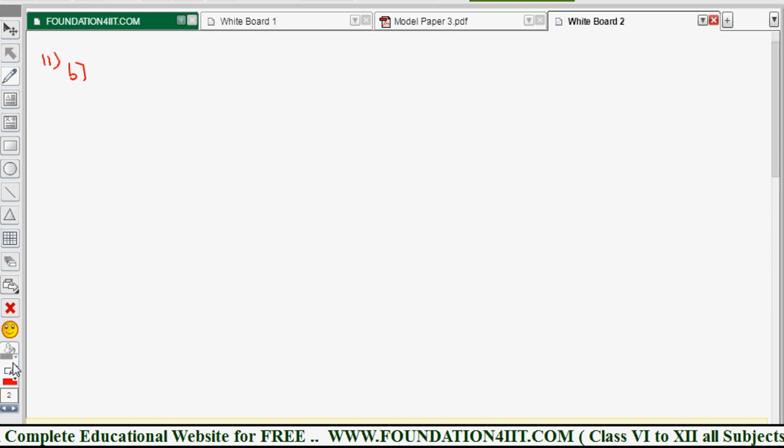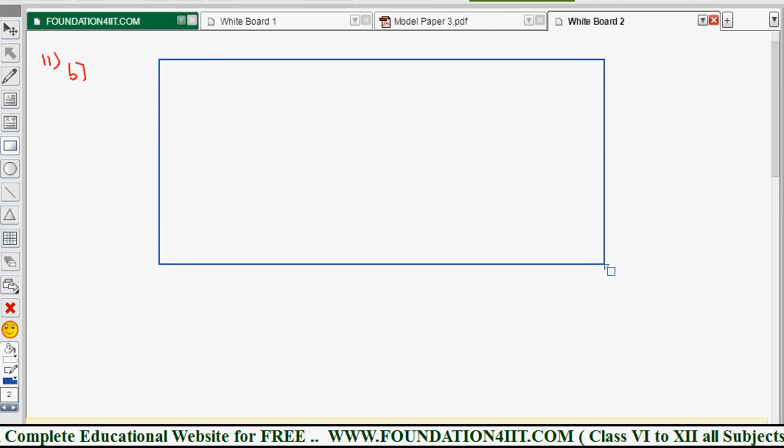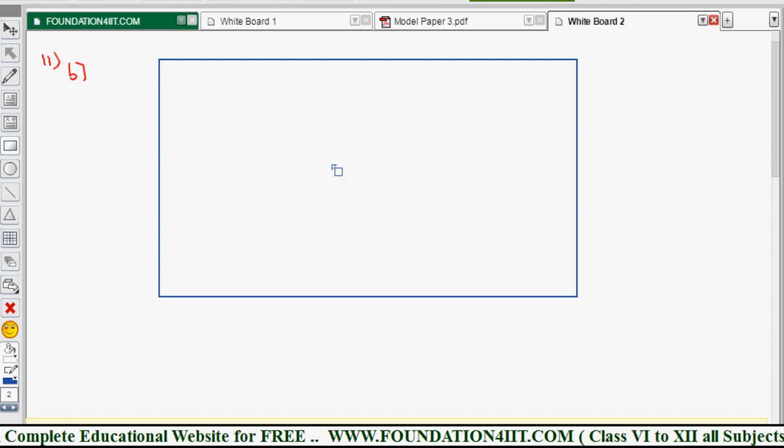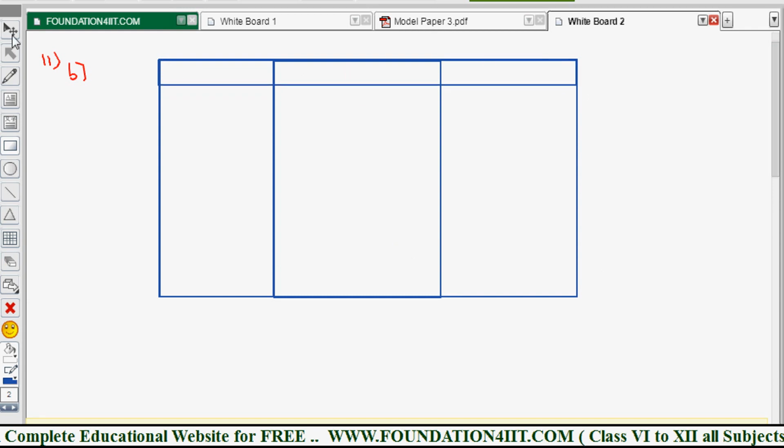So we need 3 columns because the cumulative frequency also should be made. First the weight, we should arrange in ascending order, then the number of infants, and the cumulative frequency.